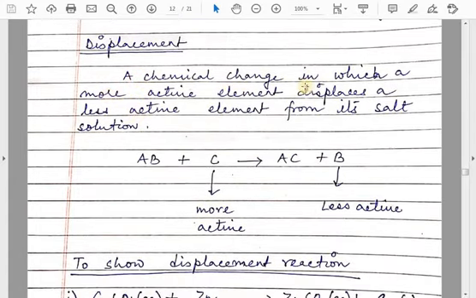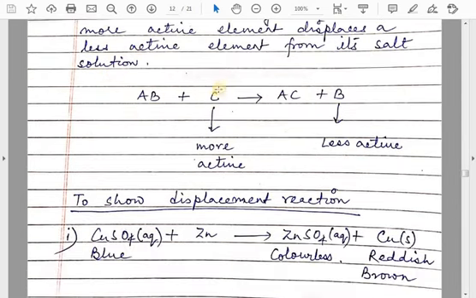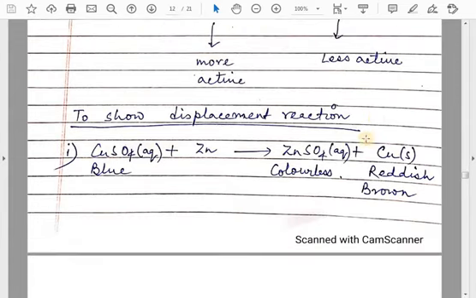Displacement is a chemical change in which a more active element displaces a less active element from its salt solution. AB plus C. C is the more active element replaces the B, which is the less active one, gives you AC plus B. How to show? Blue color copper sulfate is taken in a beaker.